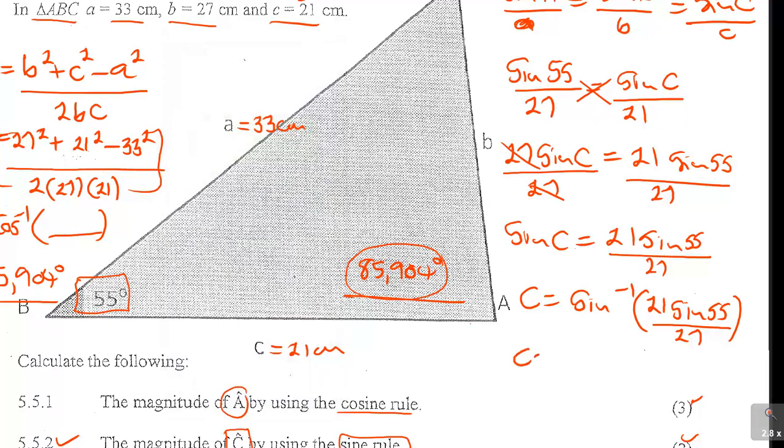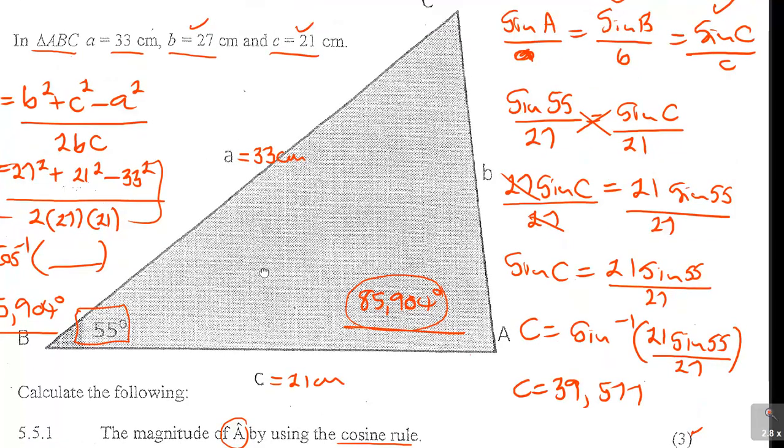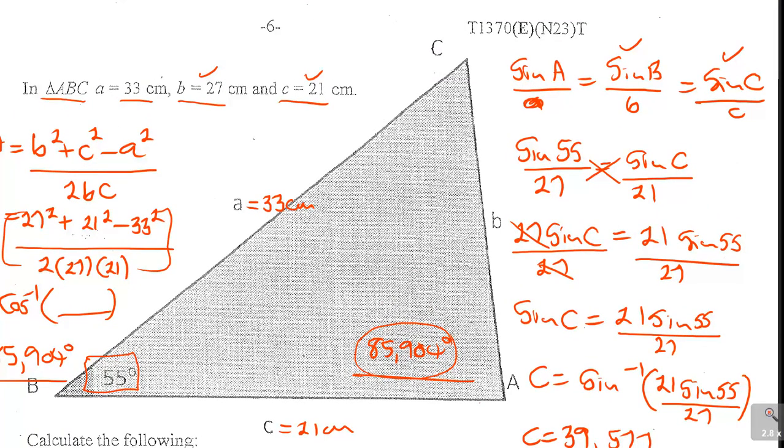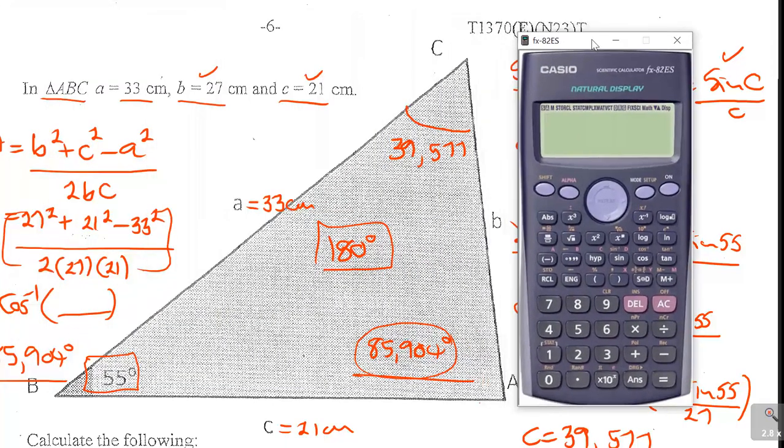So I've got C is equal to 39,577. So we can come here now and say my angle C here is 39,577. As a person, you need to check also. Remember, angles in a triangle must give me 180, just as a proof. So add all the angles inside and you must get 180.